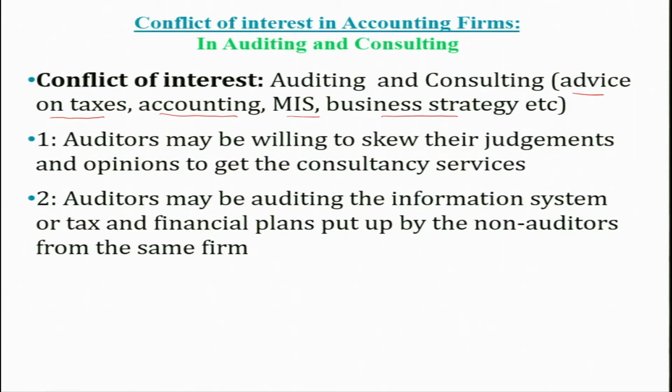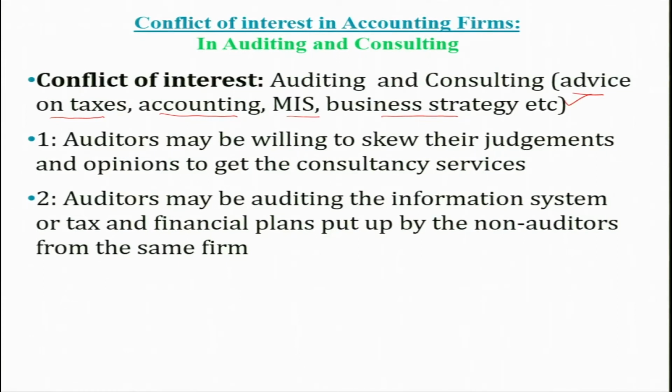So, in addition to audit services, they also provide a series of several consultancy services as well, as I mentioned just now. These multiple services enjoy economies of scale and scope, that is the potential synergy that we can see.